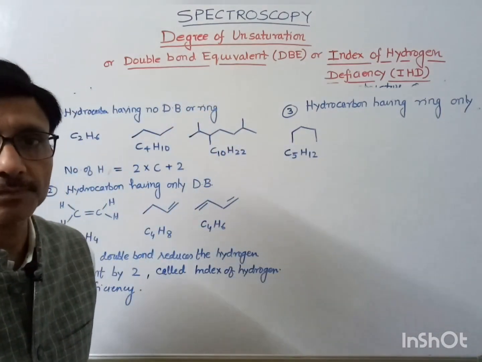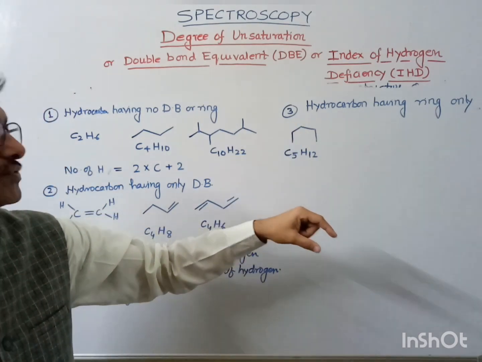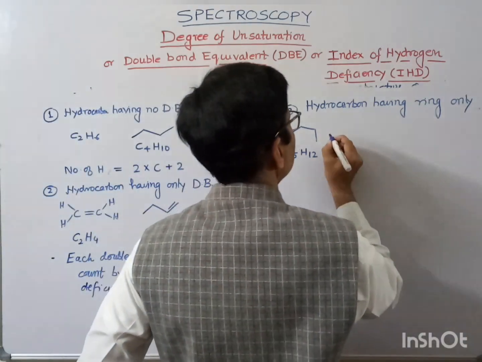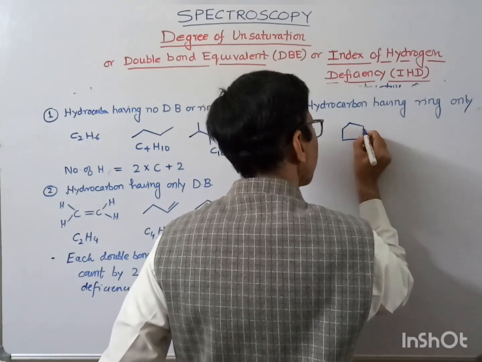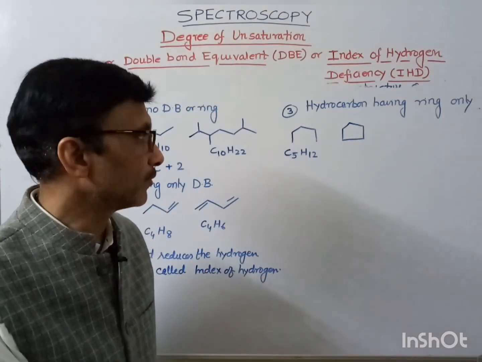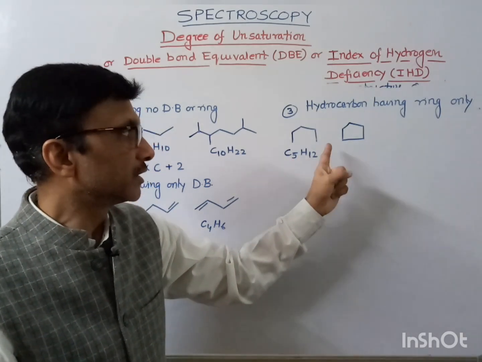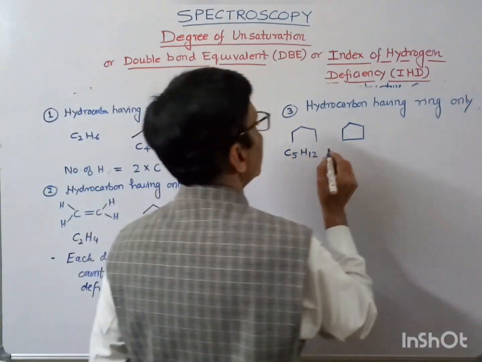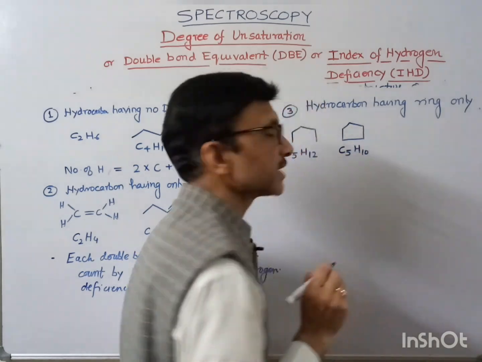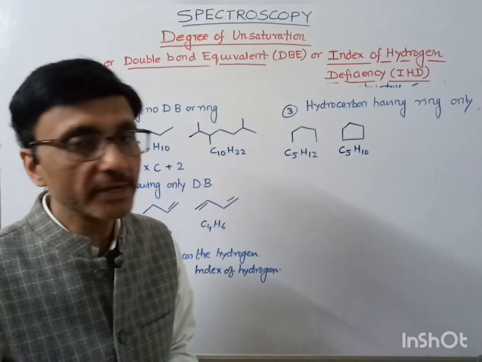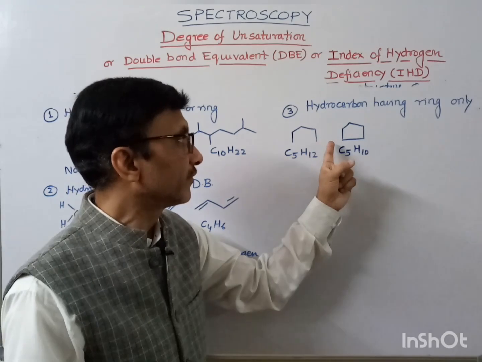Now suppose I convert this C5H12 into a ring. The number of carbon atoms remains the same, so the molecular formula will become C5H10. It is cyclopentane. This is pentane, this is cyclopentane.